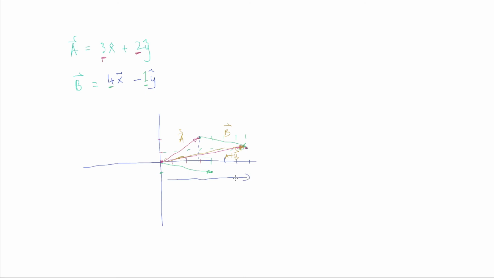So this distance here is 7x hat. Well, I shouldn't have an arrow there, so that's the vector 7x hat. And then this vector going up here is obviously only one step, so it's y hat. So you can see that A plus B is 7x hat plus y hat.